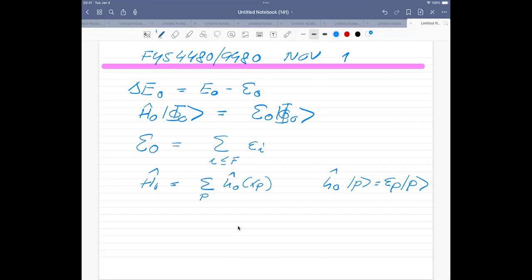So as before, we have what we have been calling a computational basis, which is orthonormal, which we then use to build a many-body basis, which also is orthonormal. So we have this basis of phi i and phi j, which is given by a Kronecker delta.